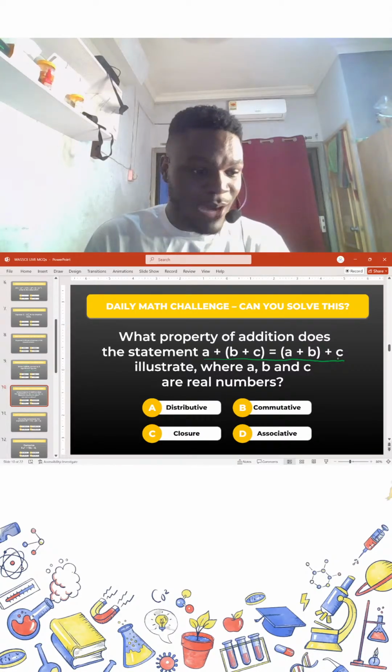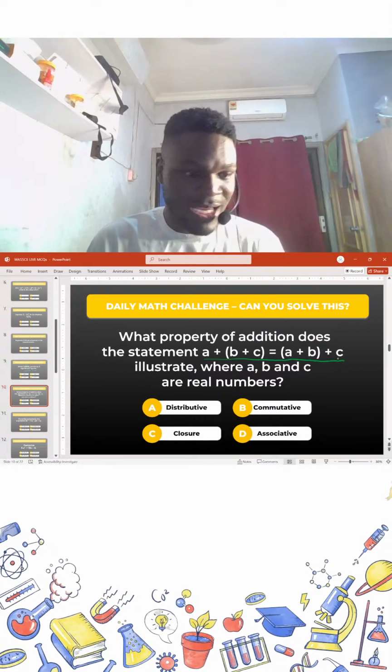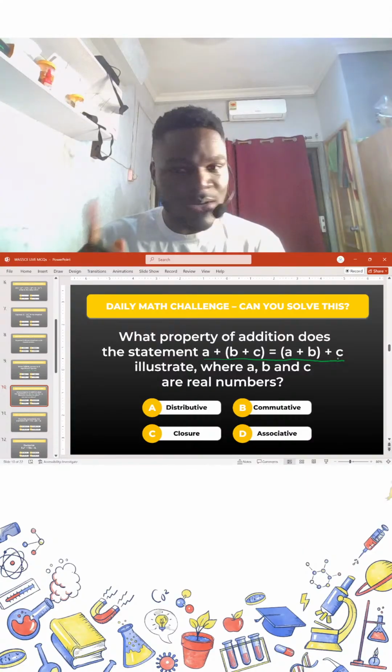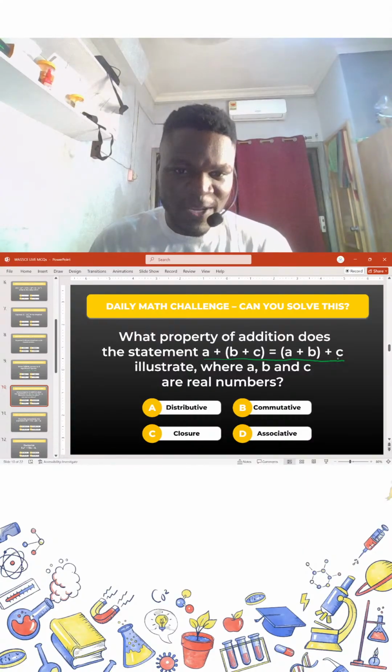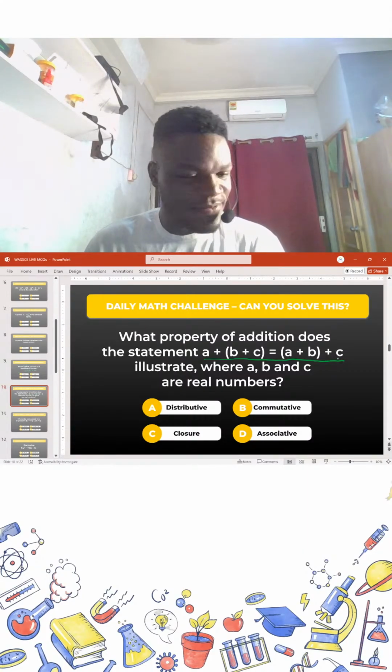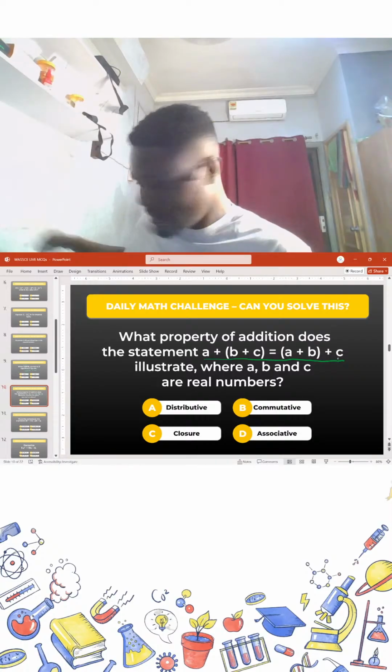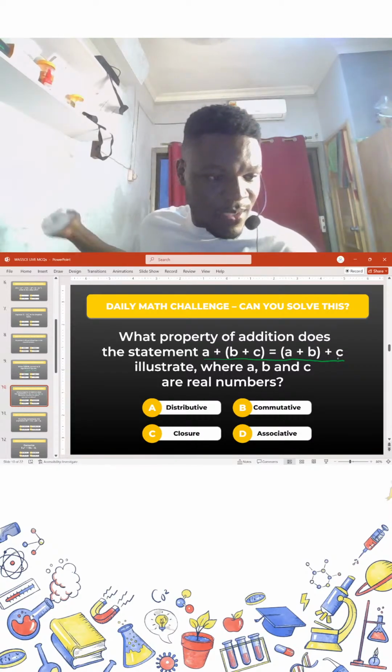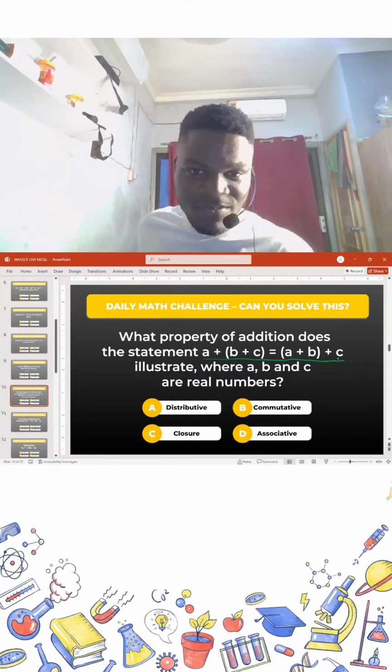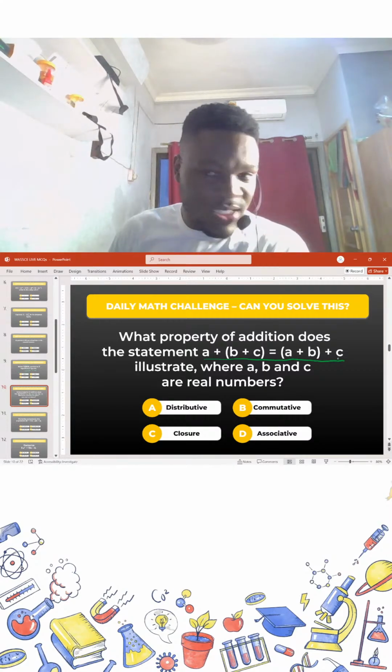I'll show you an expression that expresses commutativity, but no, it's not commutativity. Please try again. It's not commutative because that is not the expression for commutativity.